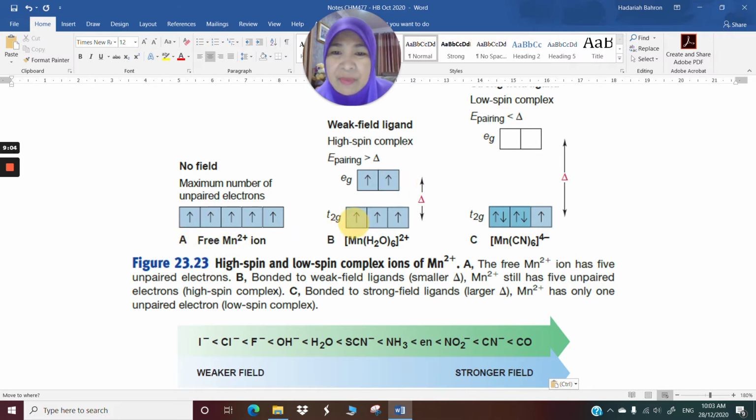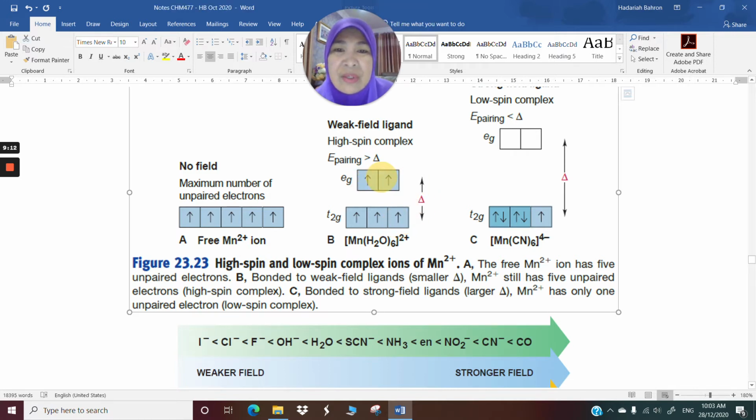So these 5 electrons will go 1, 2, 3, then have enough energy to jump up, 4 and 5. So this is what we call a high spin complex, where the number of unpaired electrons is at the maximum number.